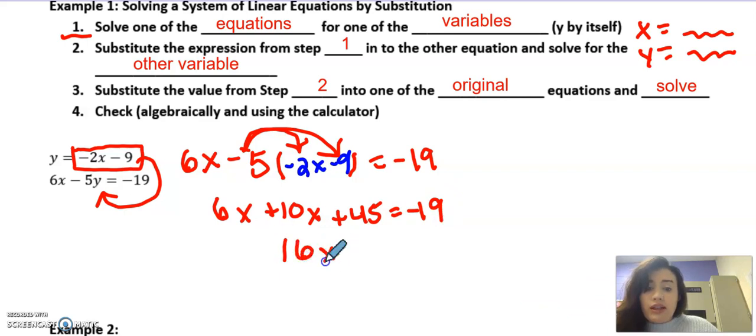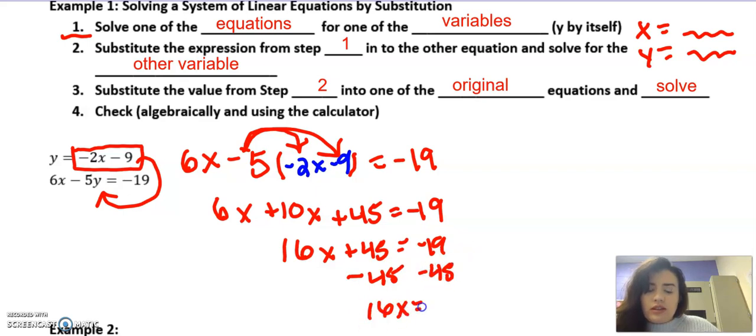We combine like terms, as always. And we're subtracting 45. We get 16x equals negative 64. We divide, and I'm running out of room here. And we get x equals negative 4.